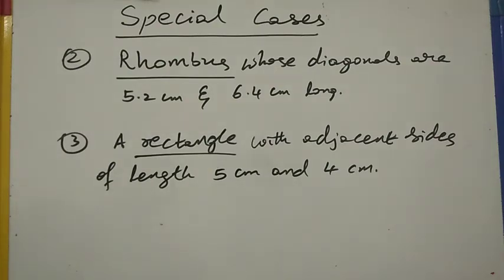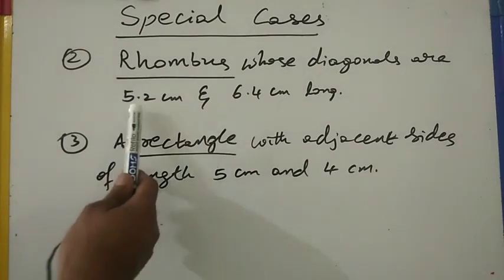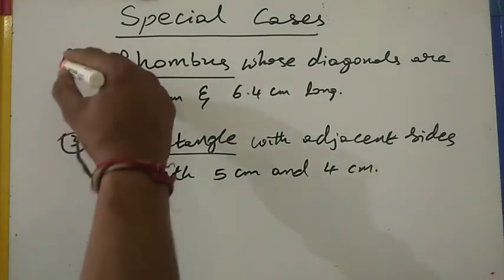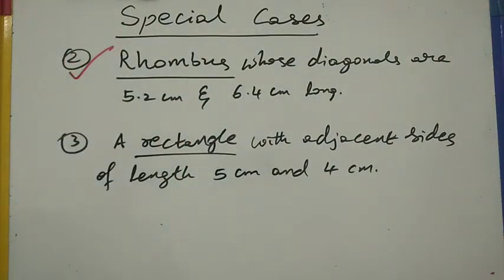In a rhombus, all sides are equal, diagonals bisect each other at right angles, but diagonals are not equal. So, we will use that concept to construct a rhombus. This I have already discussed with you, so you can do it. This is another special case which you can do as homework.